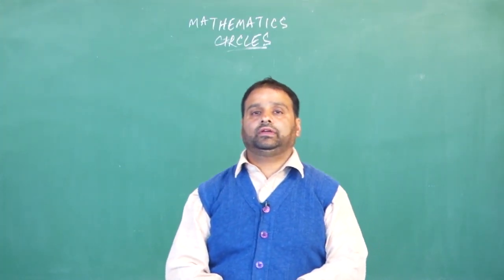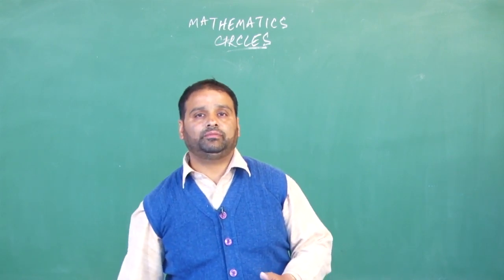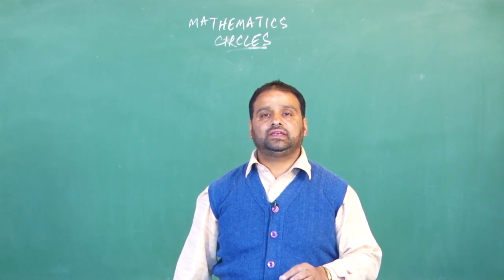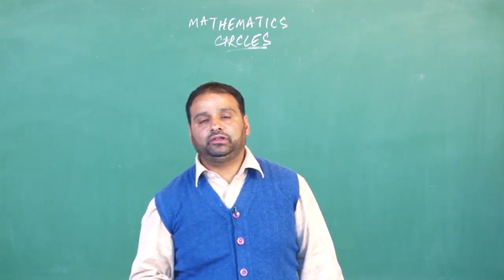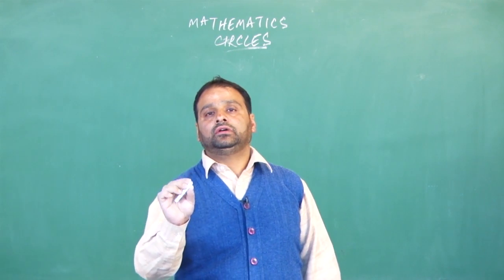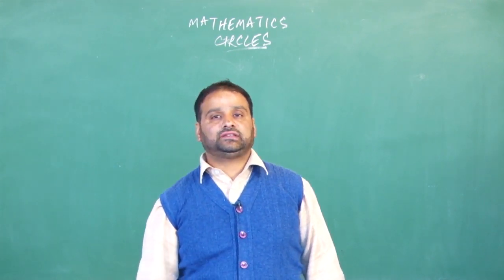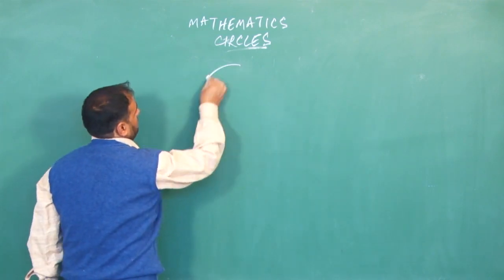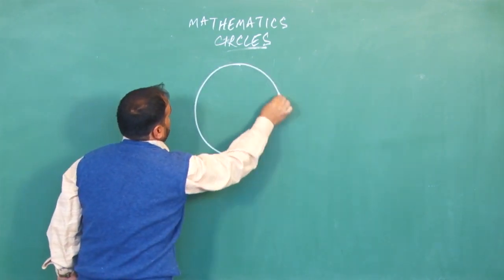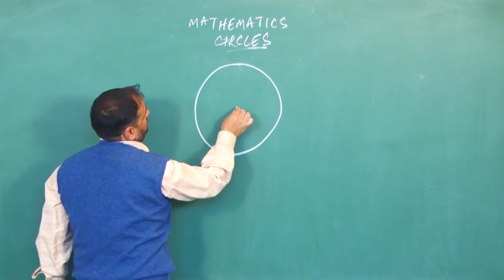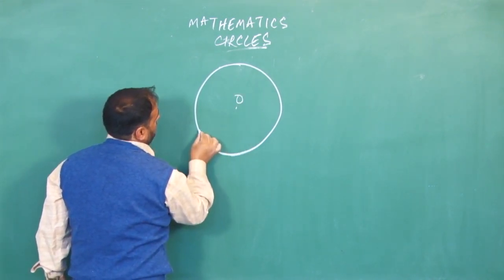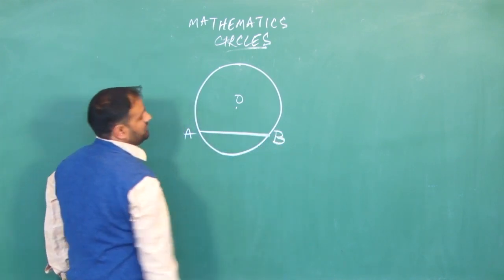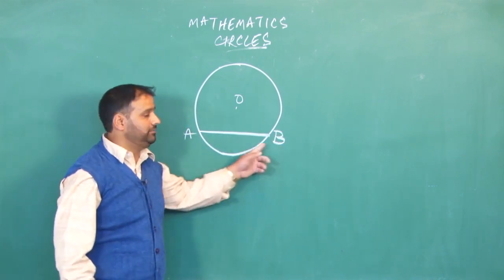Now we will know more about the circles with a particular theorem. It says if we draw a perpendicular from the center of the circle to the given chord, it bisects the chord. This can be explained as: suppose we draw a circle with center O and also a chord AB.